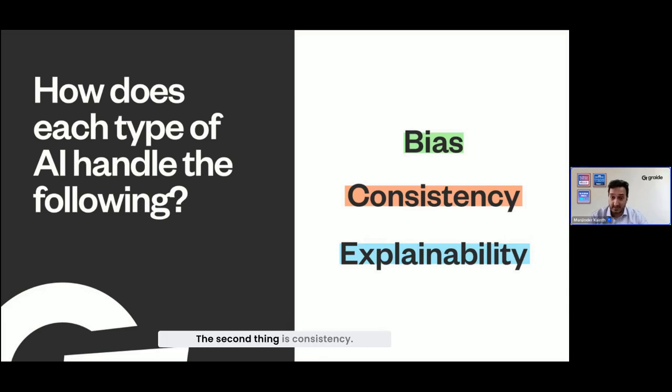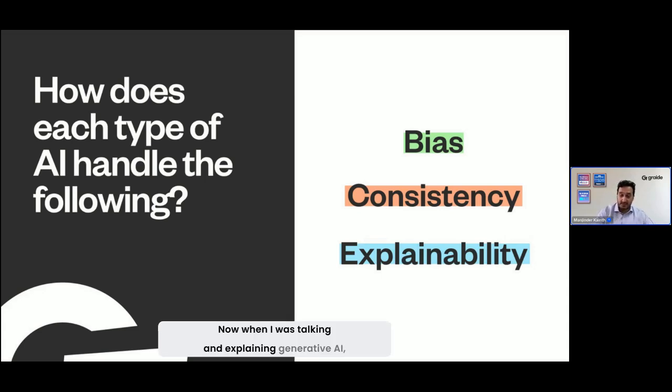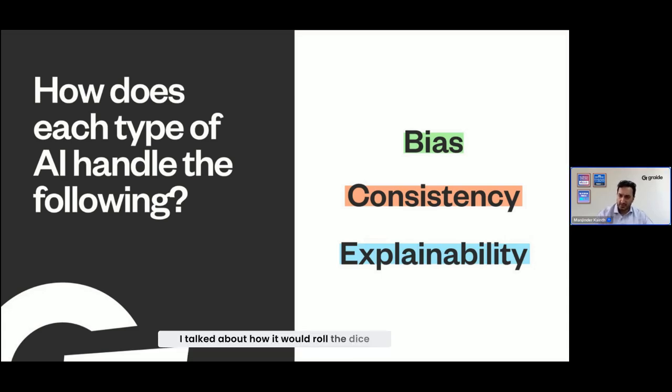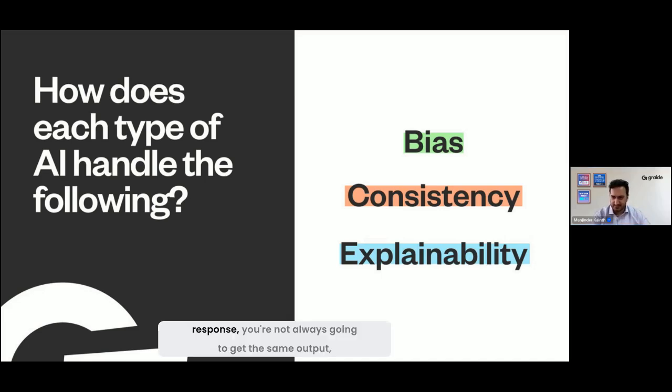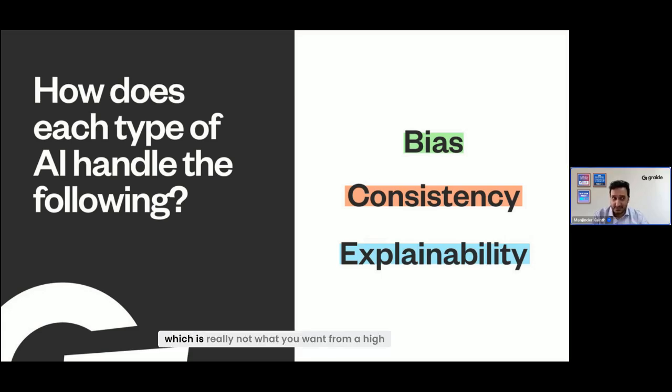The second thing is consistency. Now, when I was explaining generative AI, I talked about how it would roll the dice every time it came up with a new response. Well, that's inherent in its design. So by its very nature, if you put in the same response, you're not always going to get the same output, which is really not what you want from high stakes work such as marking.